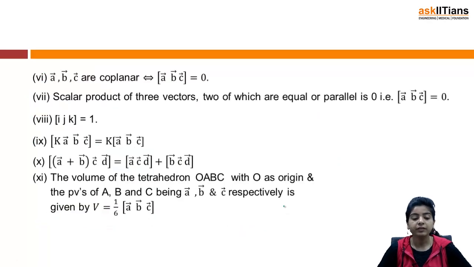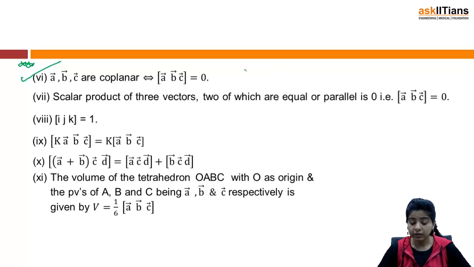Continuation of properties. A, B, C are coplanar if and only if the scalar triple product of ABC is 0. So this becomes important. The next one says the scalar triple product of three vectors, two of which are equal or parallel, is 0.